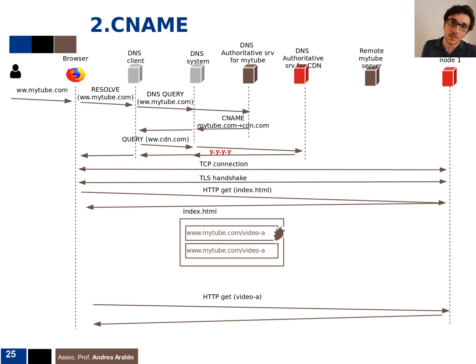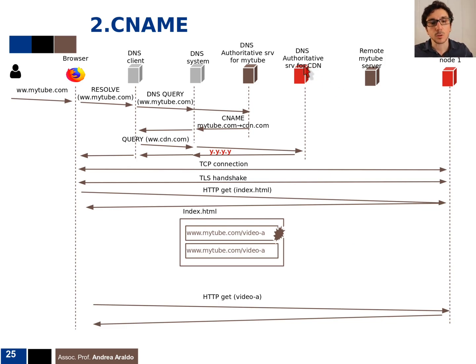An alternative is to use another technique called CNAME, which relies on a DNS protocol function called CNAME. Another way of calling it is alias. What happens is that, first, this is the same picture as before, okay?